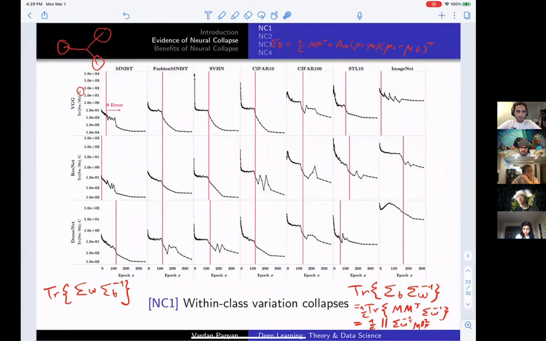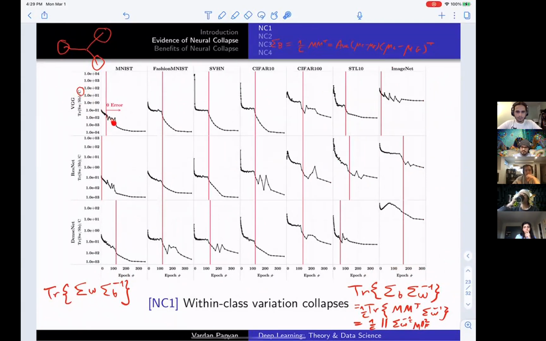Now, what would you expect to happen? What you would expect to happen is the within class covariance should decrease, right? Because I've shown you animations where the within class covariance vanishes as the activations collapse to the class means.